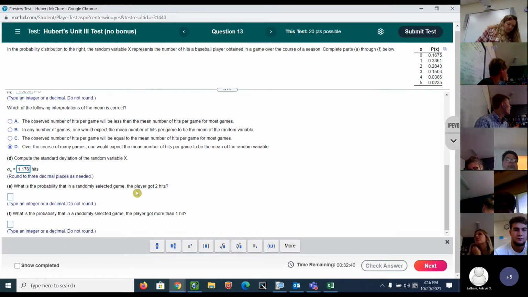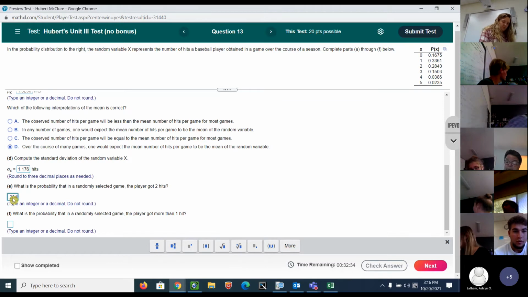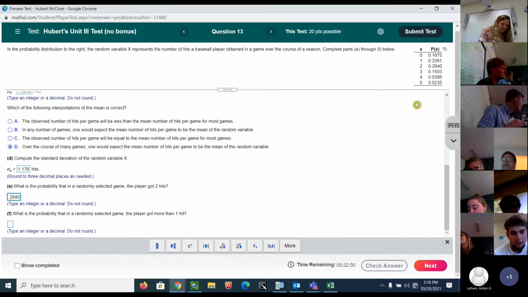What is the probability of 2 hits? 0.2840. And what is the probability more than 1 hit?